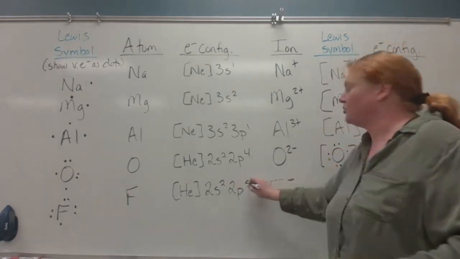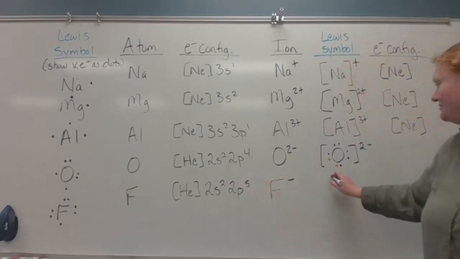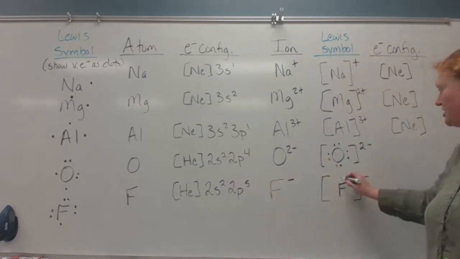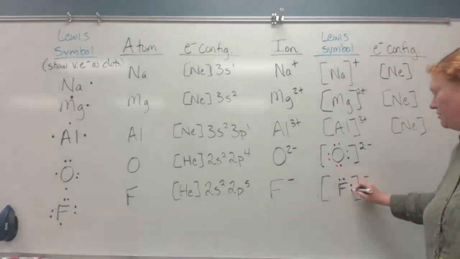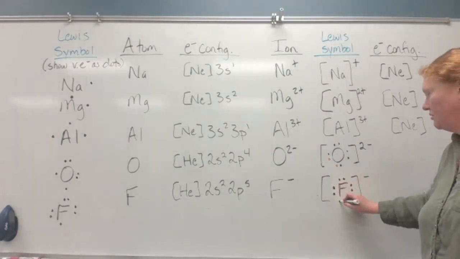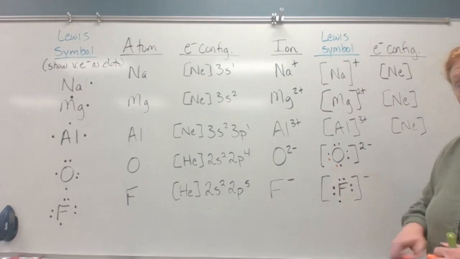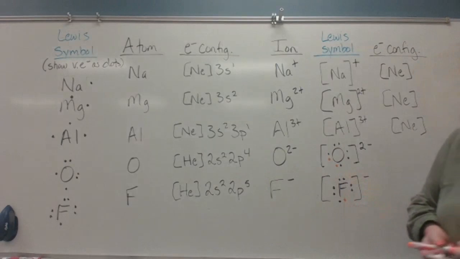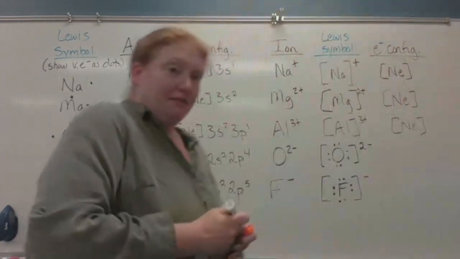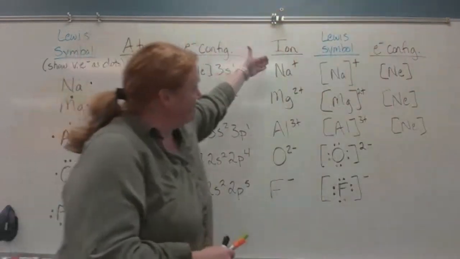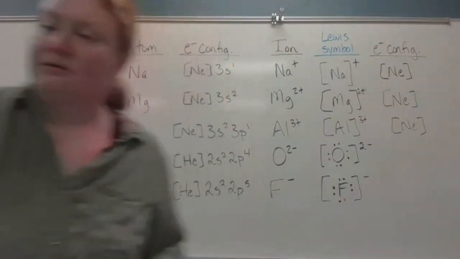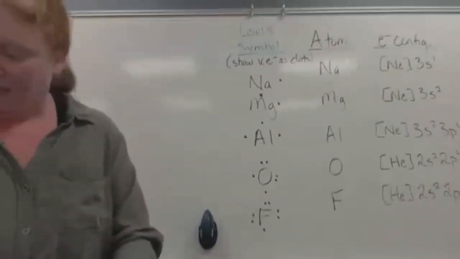Fluorine will gain 1 to become the fluoride ion. Symbol in the brackets with the charge, and then draw your dots, representing a full octet of electrons. This set of ions is what is known as an isoelectronic series.